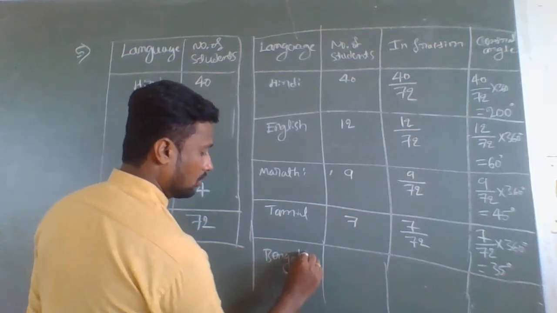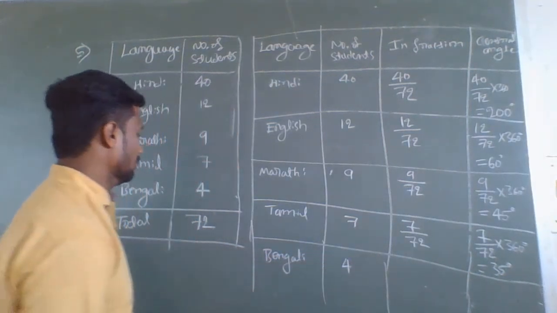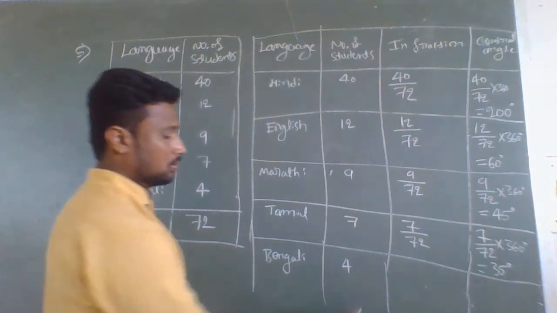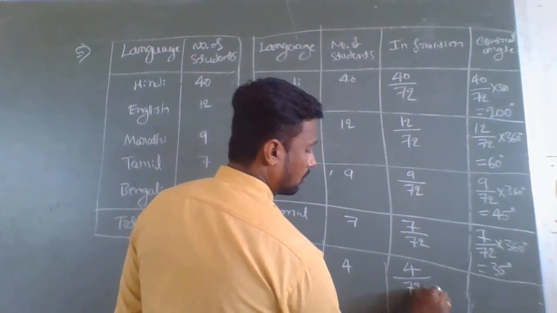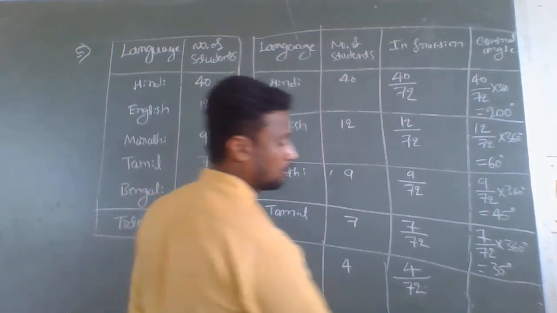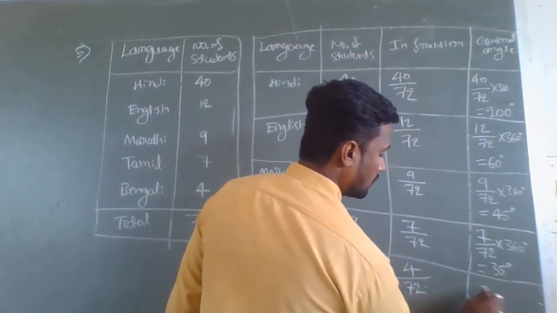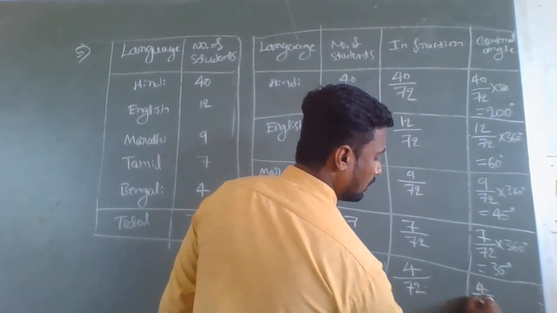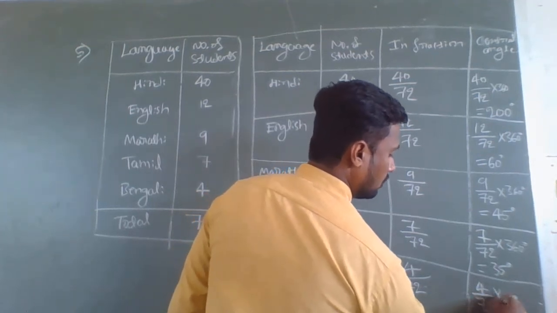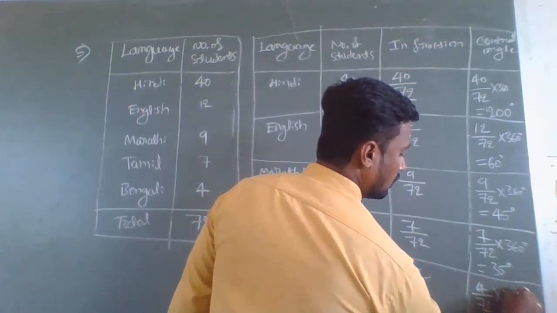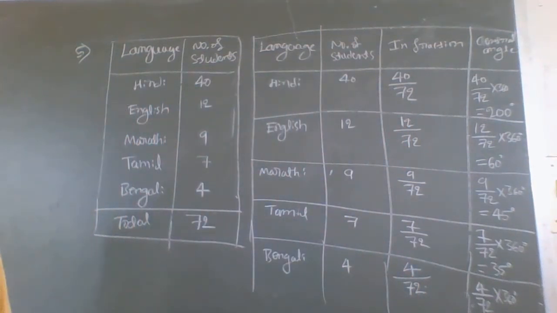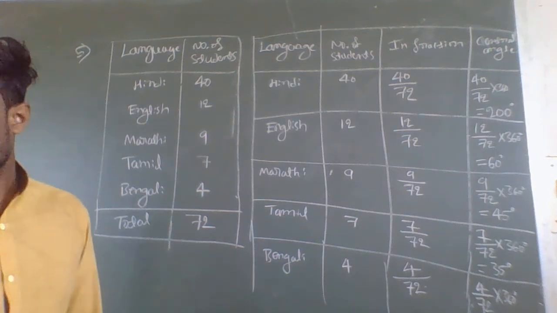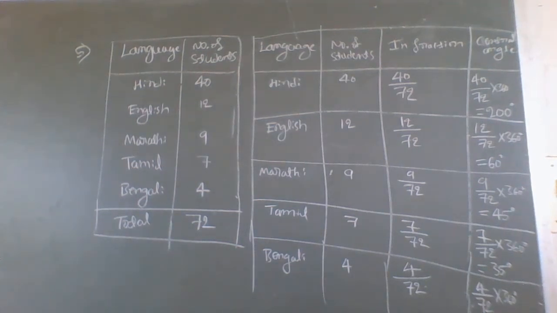Write 4 students out of 72 in total, so 4 by 72. The central angle is 4 by 72 into 360 degree. What will you get here? 20 degree.